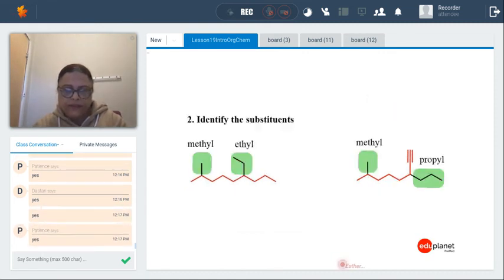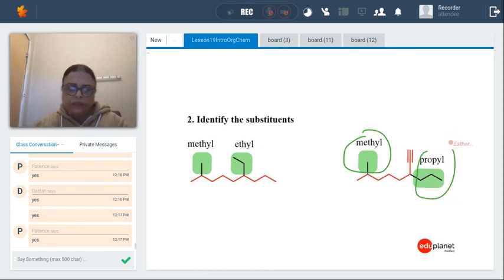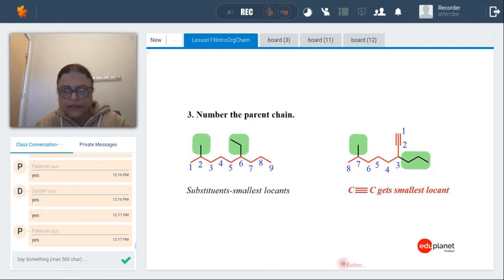So you see things start coming over and over again. And you identify the substituents. Also here we have a methyl and a propyl. And also here, the triple bond gets the lowest possible locant. So we have the triple bond starting at position 1, and we count this way.